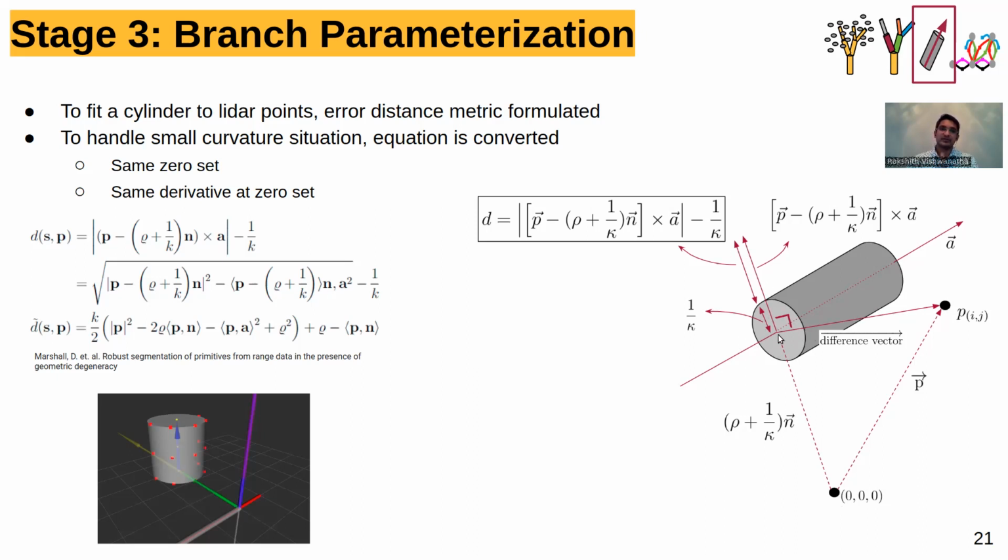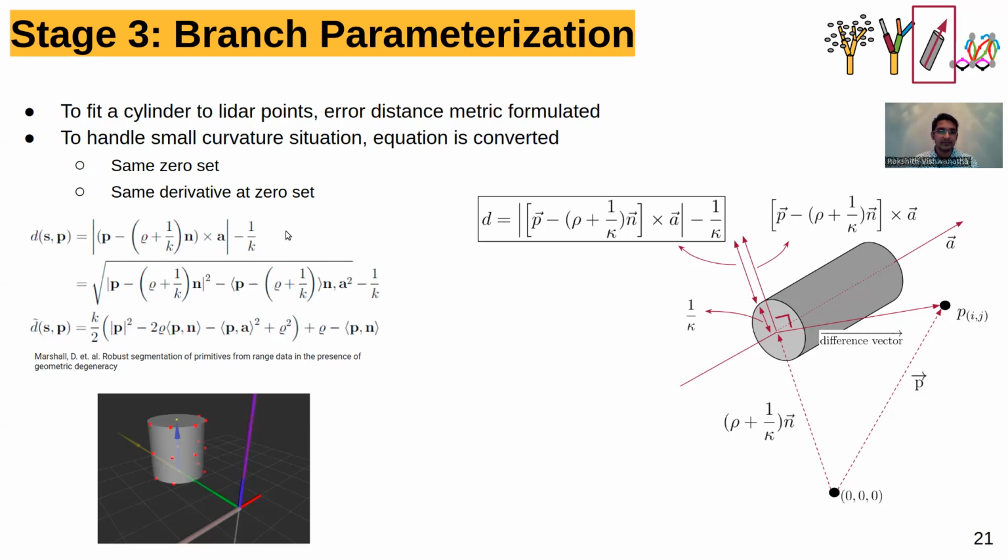So it goes radially out along the cross section of the cylinder. And on subtracting the radius of the cylinder, which is nothing but the inverse of the curvature, we obtain some error metric, which is proportional to how far off this point is from the surface of the cylinder. Essentially, by minimizing this distance metric, we would be able to ensure that the cylinder that we estimate is such that all these points lie on the surface of the cylinder.